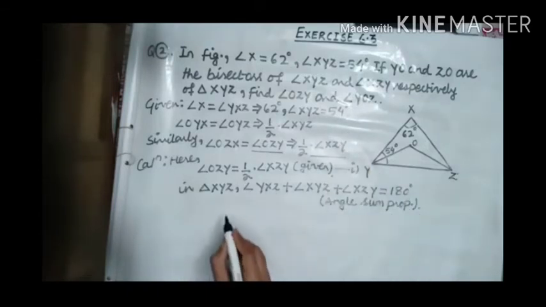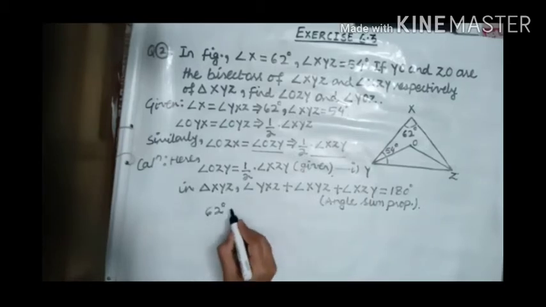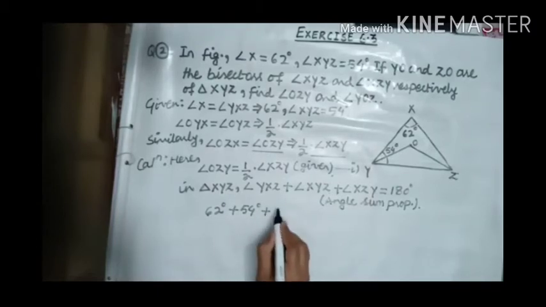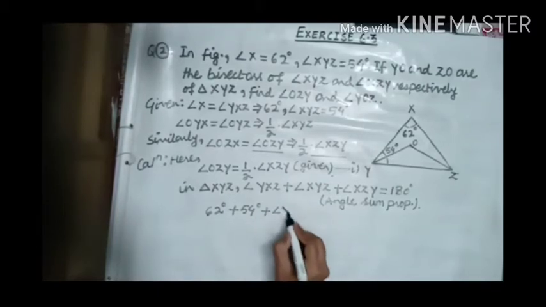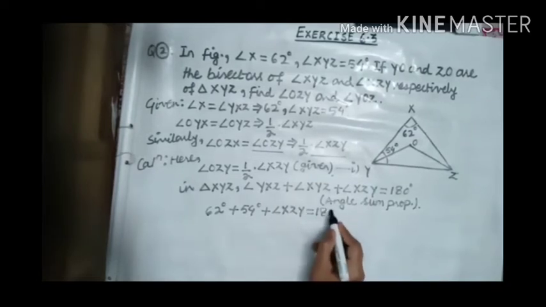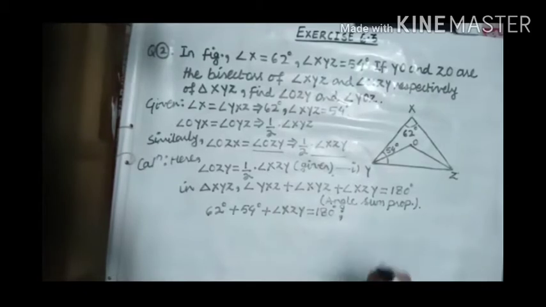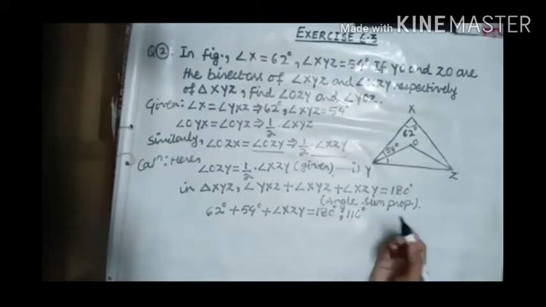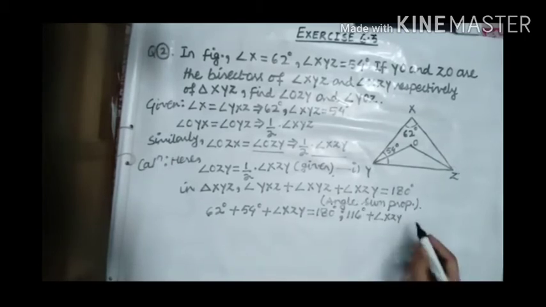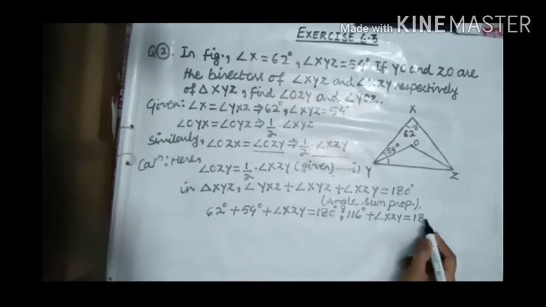Therefore this relation becomes 62 plus 54 plus angle XZY equals 180 degrees.